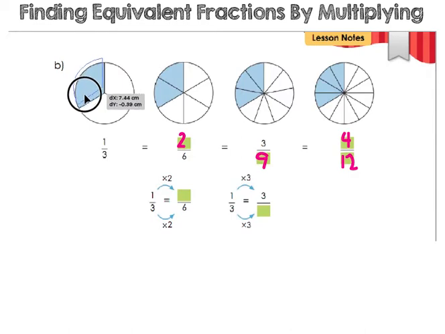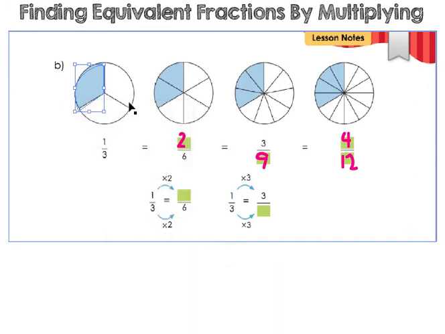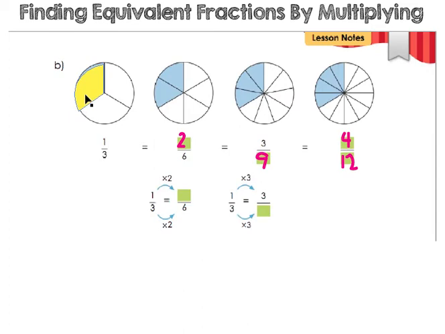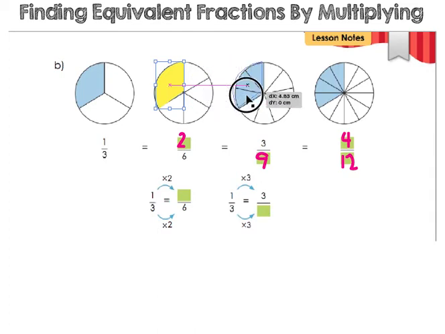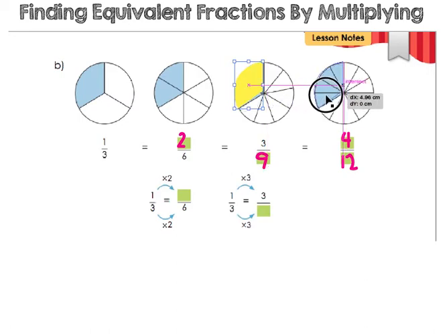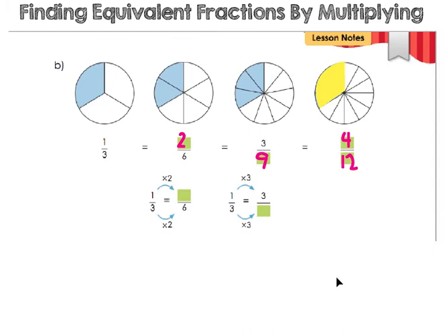Look, I already colored one yellow. Do you see it's exactly the same size? So this, oops, it went to the back. Let's bring it to the front. There it is. This is exactly the same size as these two parts and the same size as these 3 parts and exactly the same size as these 4 parts.